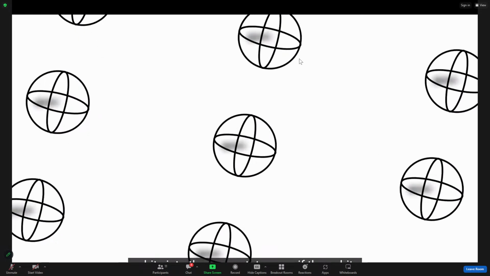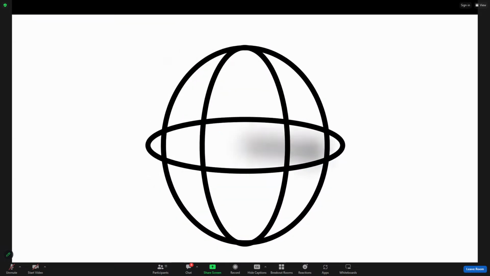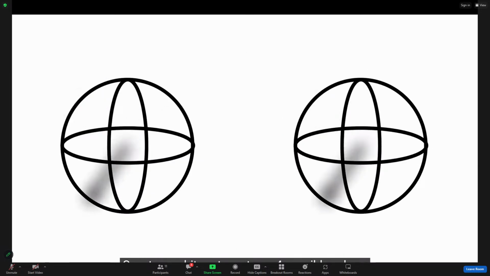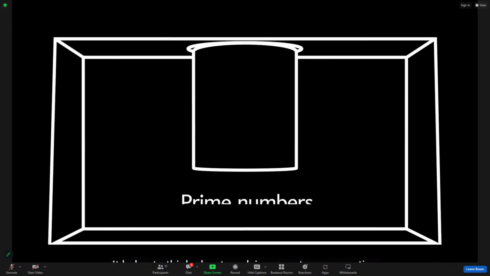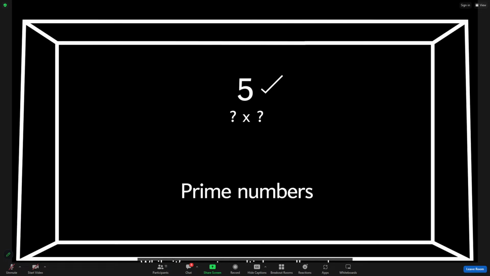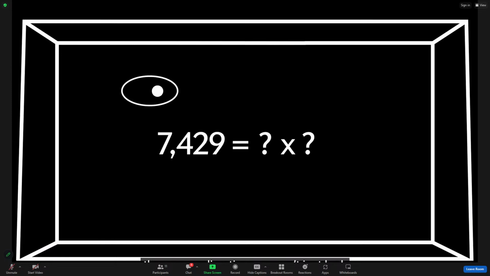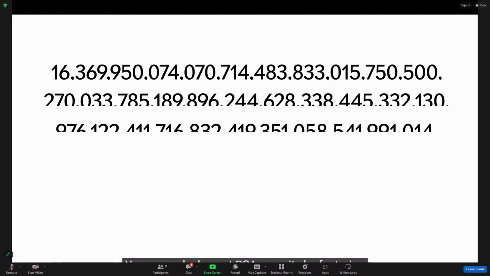Humans. Security by factoring the product of two prime numbers.